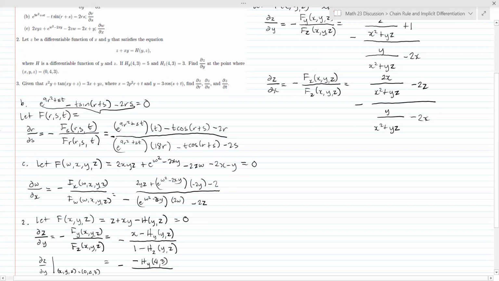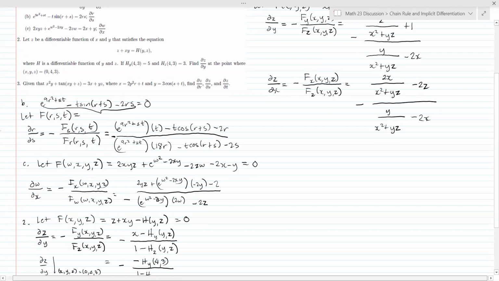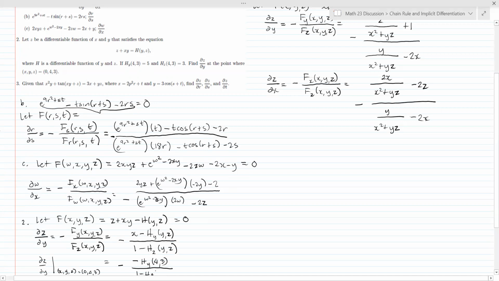So ba naman ay 1 minus h sub z of 4, 3. Yung ano ko na dito yung minus, ilagay ko na sa numerator. Okay, so this is equal to, ano yung value ng h sub y of 4, 3 natin? Yun yung given na value, 5 over 1 minus, anong h sub z ng 4, 3, that is 3. So this is negative 5 halves.